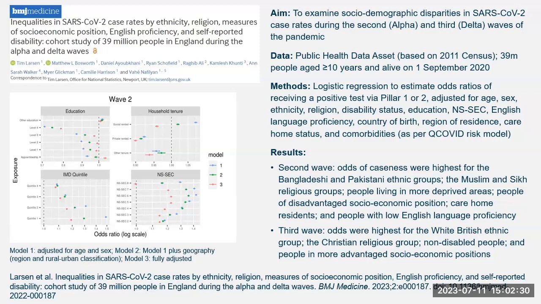In contrast, in the third wave, we found actually the odds of testing positive were highest for people of white British ethnicity, people of Christian religion, non-disabled people, and people in less deprived circumstances. There's some quite marked differences in the probability of COVID positivity.